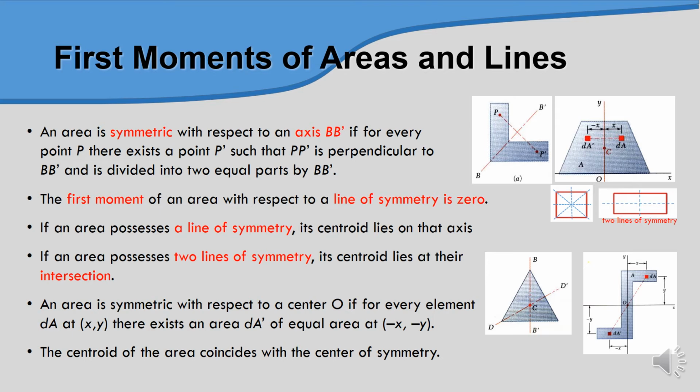Okay, an area of symmetry with respect to a center O. In the case of this shape, the center O in this coordinate system has x at 0 and y at 0. If we take this point dA, with O as the center, every element dA at this point has x and y, so the coordinates of dA' at this point have negative values.